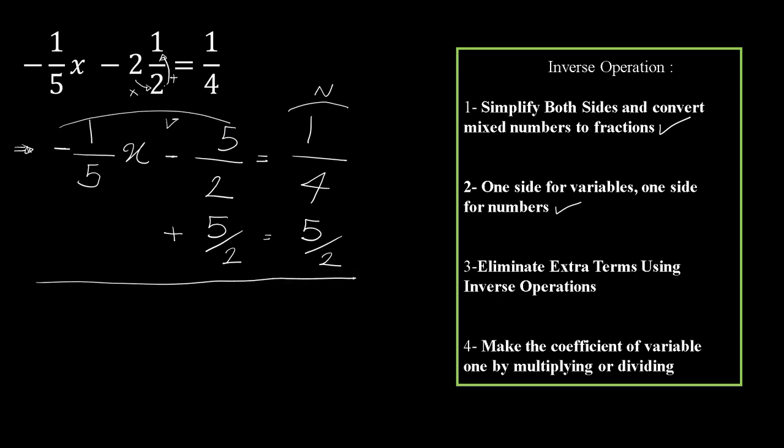So these two are going to cancel each other out, and I'm going to have minus 1 over 5 x is equal to 1 over 4 plus 5 over 2. Again, I cannot add them together because the denominators are not the same.